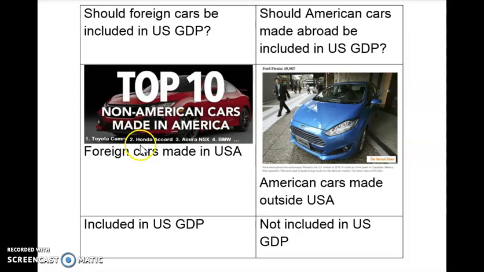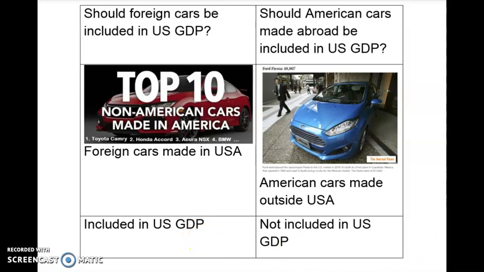Honda Accord, owned by the Japanese. Acura, owned by the Japanese too. BMW, is it a German car? So Germans own it. These foreign cars are made inside the USA. They have their plants in the USA, and they produce them there. Because they are made inside the US, this cars' value is included in US GDP.